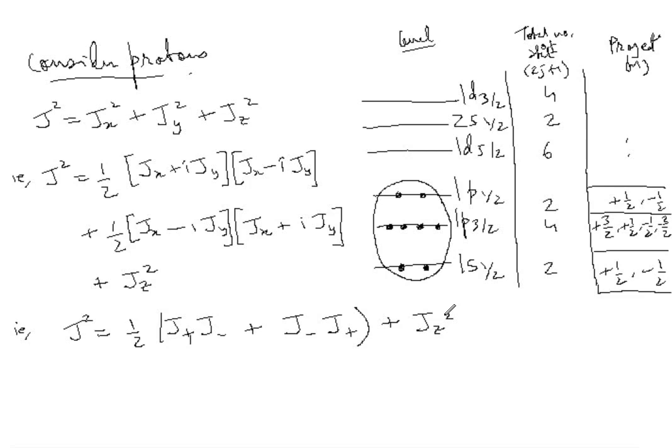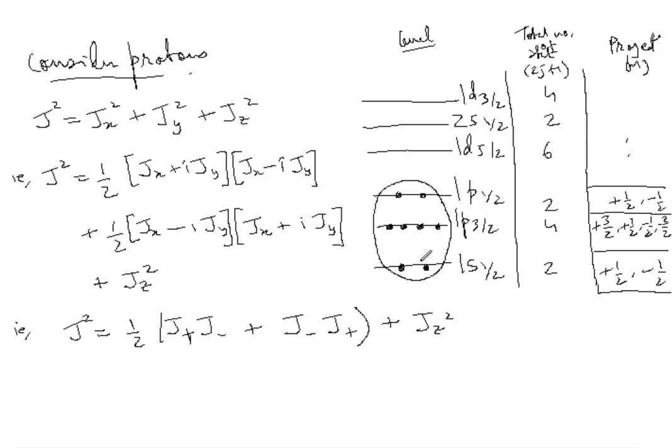So what is the use? Now let us consider each of the 1p half, 1p3 half and 1s half levels. Now you see, in each of the levels, this j plus j minus and j minus j plus give 0 value. How? Since by rearranging the particles in each of the levels, their m value cannot be changed by plus minus 1.